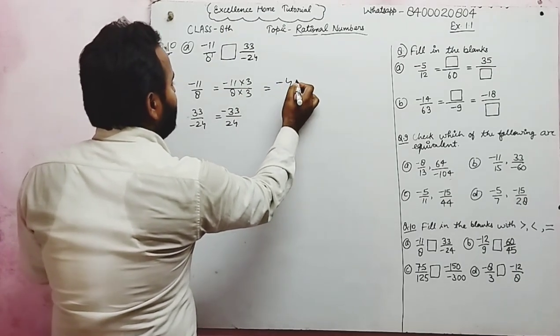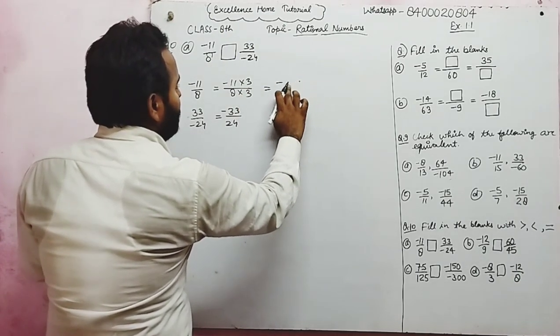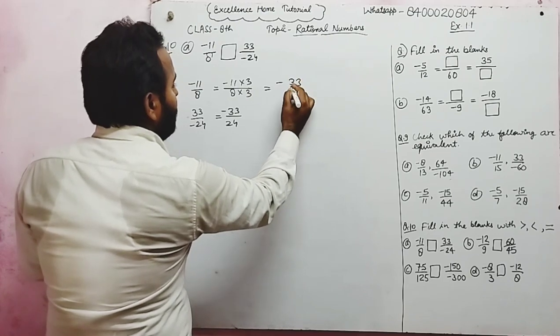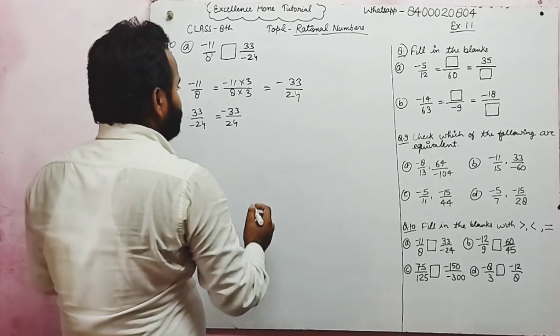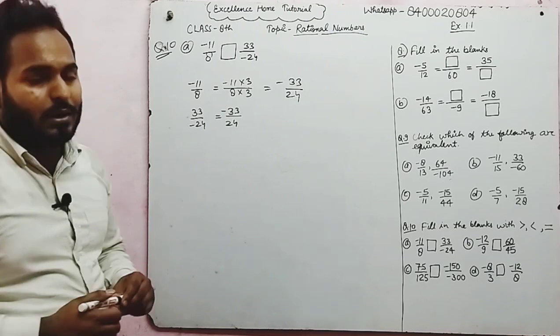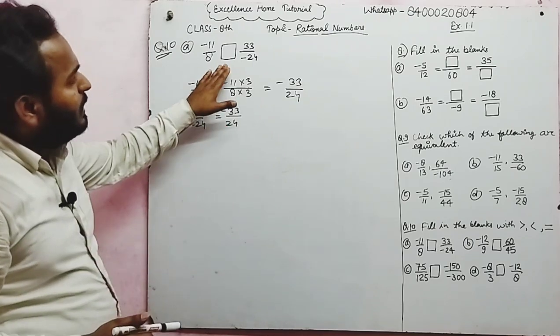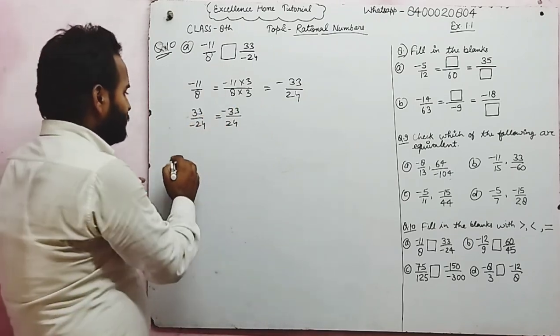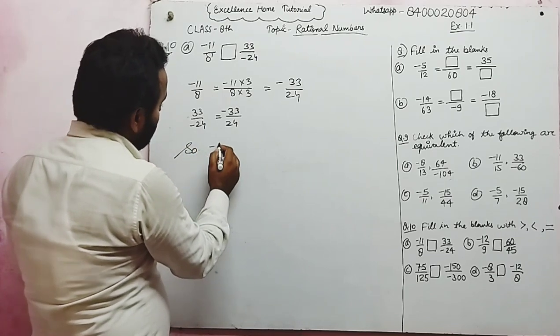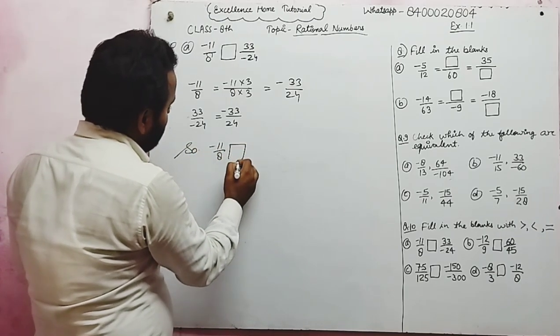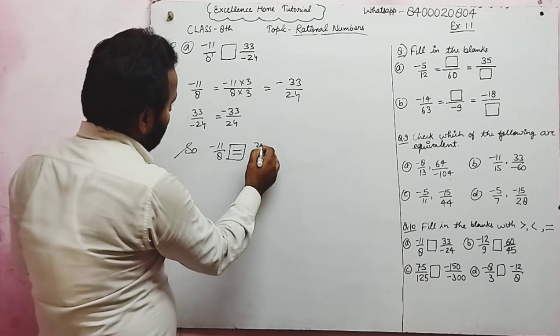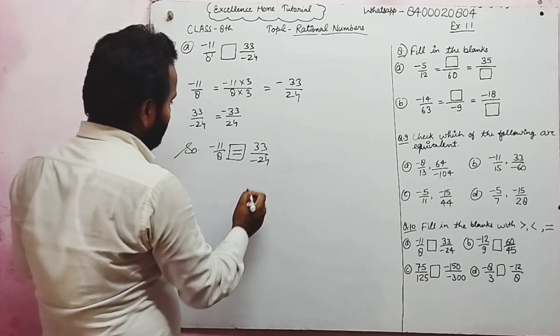This is minus 33 upon 24. So both values are equal. So between minus 11 by 8 and this rational number, we have to use the equal sign.